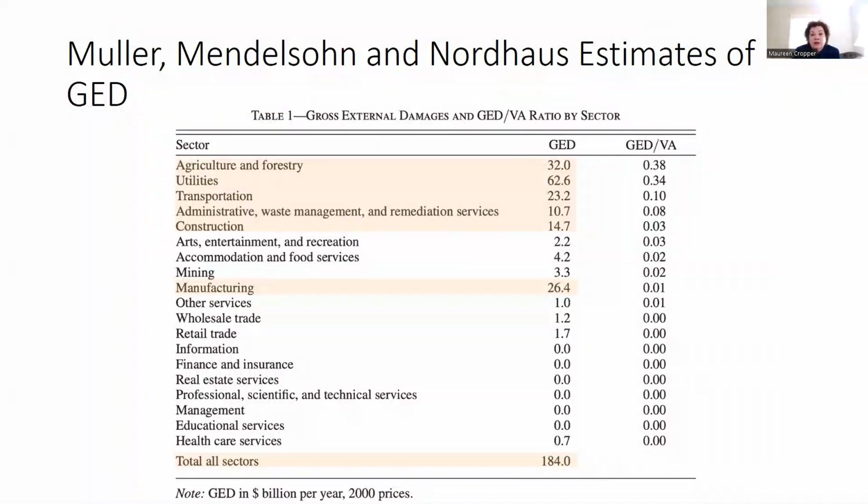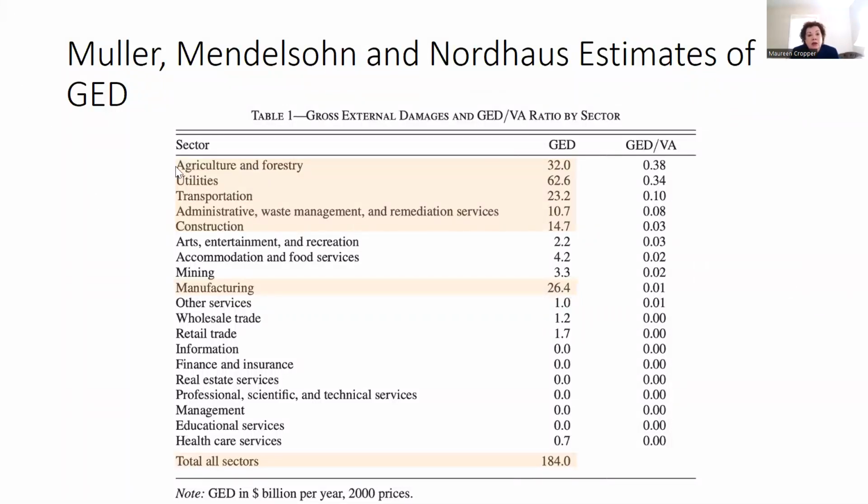So having estimated these marginal damages and figured out exactly what the damages were from all 6 pollutants in 2002, this table is aggregating those damages by sector. These are again the gross external damages from the 6 pollutants in 2002, measured in 2000 dollars.